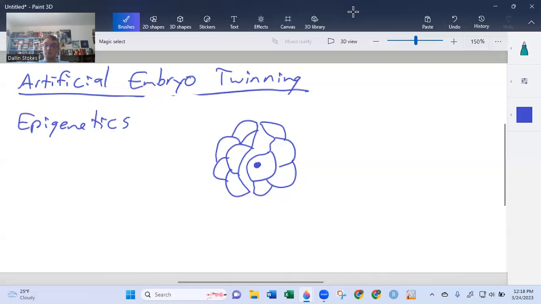And then we can put them in different situations, right? So let's say we're doing this with mice, and I want to study the effect of eating a certain kind of food on their weight gain, right?